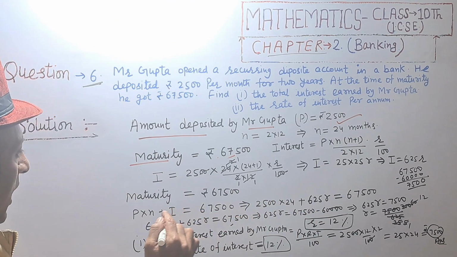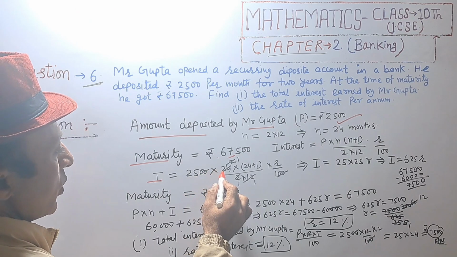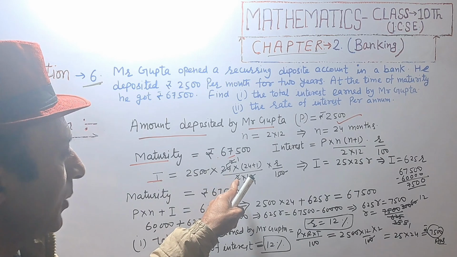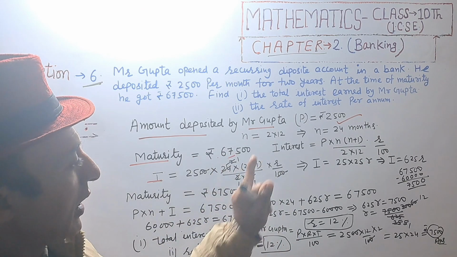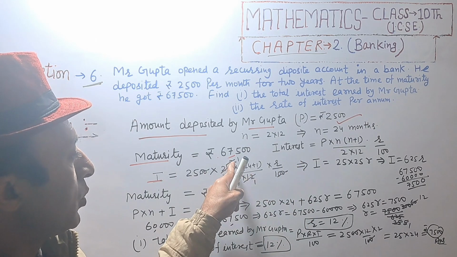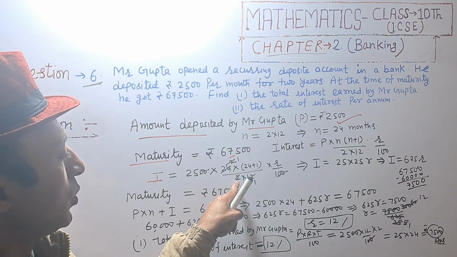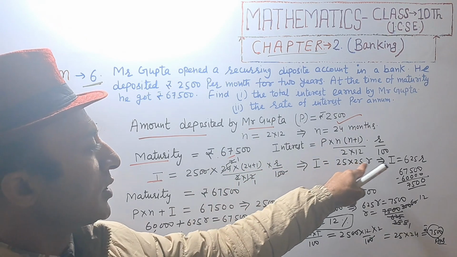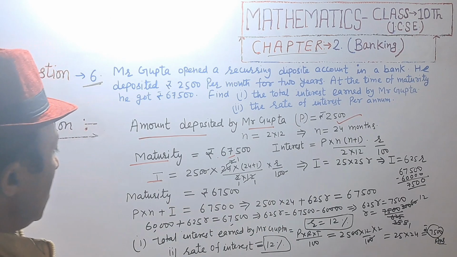Interest is equal to 2500 into 24 multiplied by 24 plus 1 is 25 divided by 2 into 12 into R upon 100. The 0 is cancelled, 12 2s are 24, and 2 1s are 2, 2 1s are 2, 25 into 25, that is equal to 625 R.